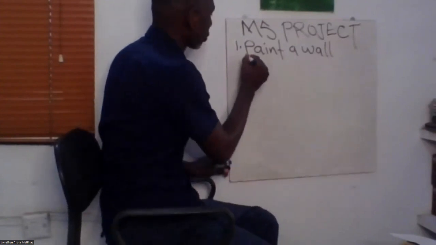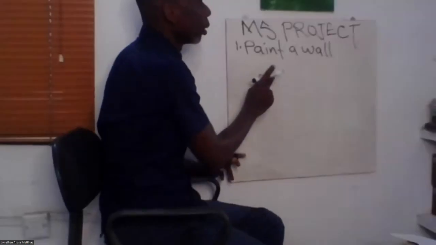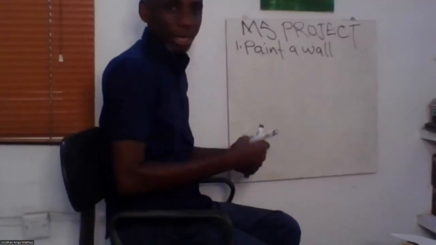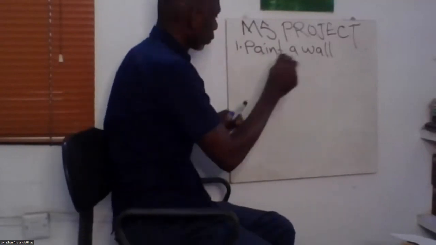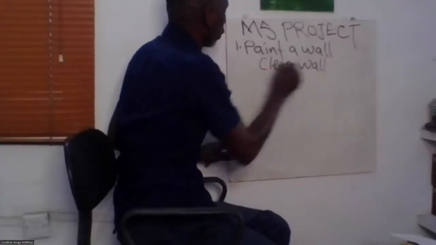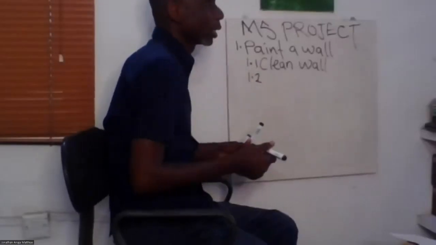I think I mentioned something like prepare the wall. Process of preparation. Can you just be more specific? Cleaning. Say clean the wall. Clean wall. So I can call this 1.1, right? 1.2. After that, what do you do next?